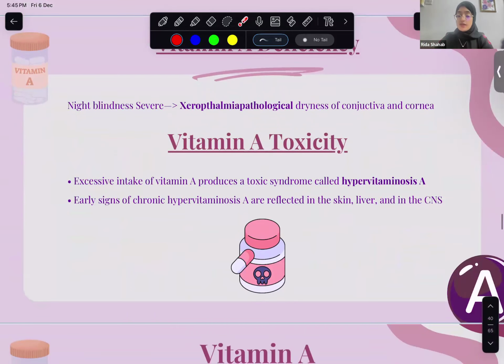For toxicity of vitamin A, this is involved when you take excess vitamin A in your diet. If there's excess vitamin A, you have a syndrome called hypervitaminosis A, okay? And taking it chronically, which means for a long time, can be reflected in your skin, liver, and central nervous system.